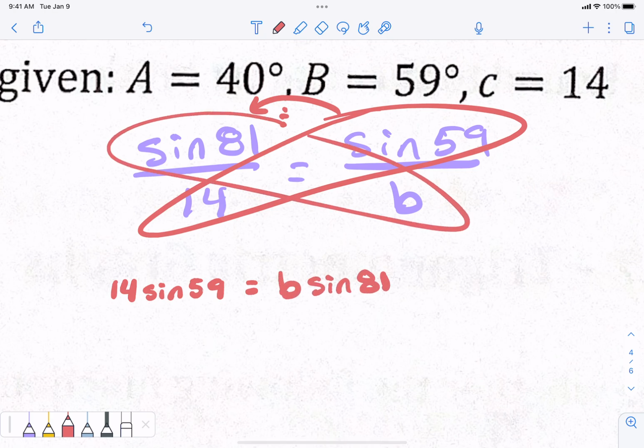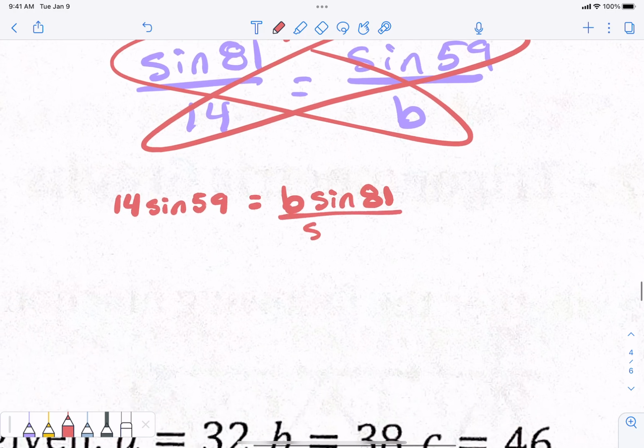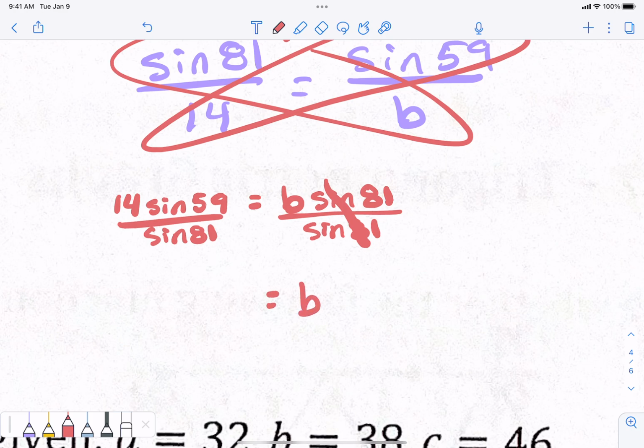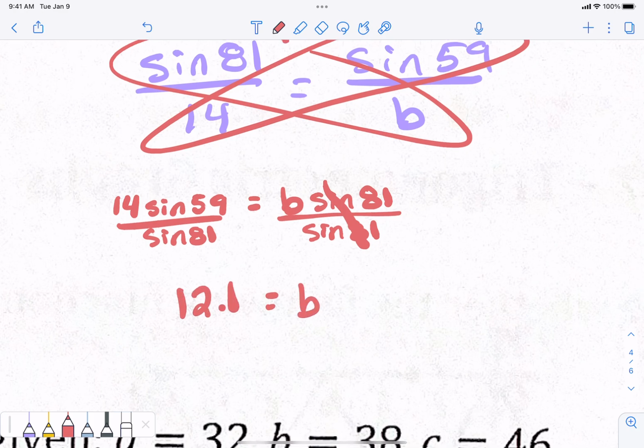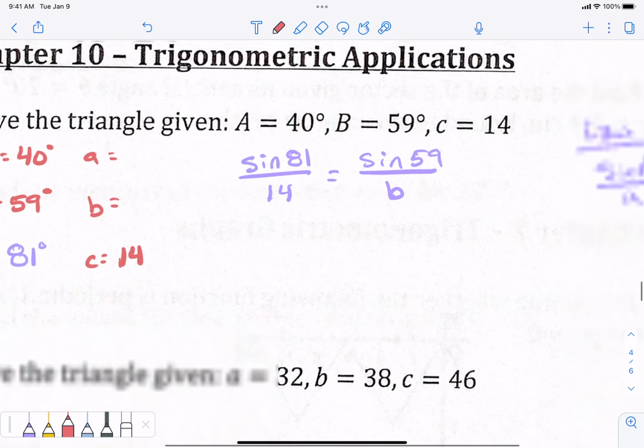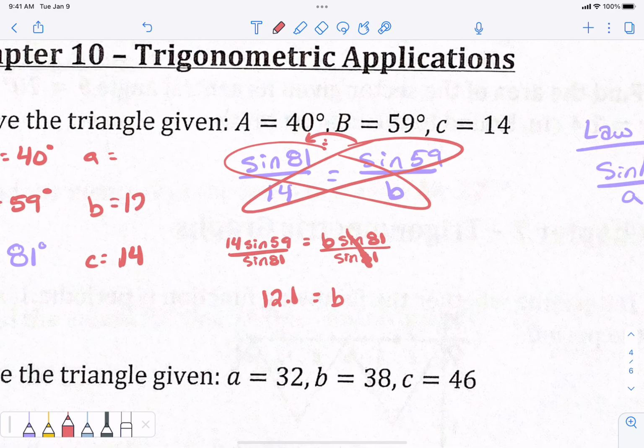So 12.1. I'm going to divide by sine 81. I'm dyslexic. I just wrote 21. So all you're doing is 14 sine 59 divided by sine 81. What'd you get for b? 12.1? Okay. All right, so there's all the work written out if you want to. Just go in there and get 12.1.